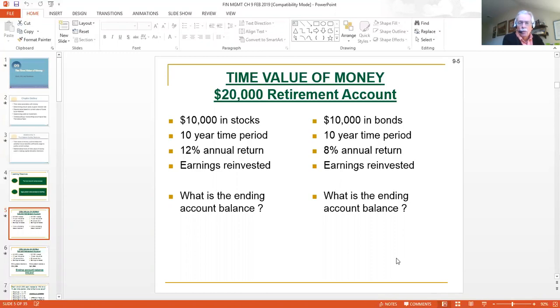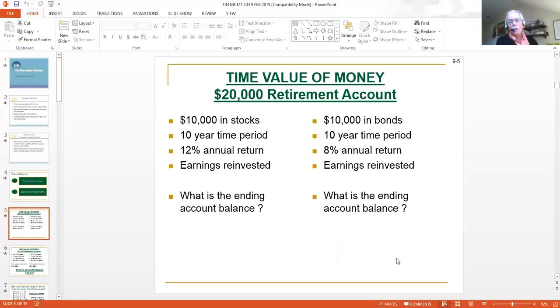So open Excel, and utilizing the FX function or the financial formula function, input FV, or search for the future value formula. You're going to get a drop-down box. In terms of the rate, I'd like for you to input 0.12 because we're going to grow this money at 12%.